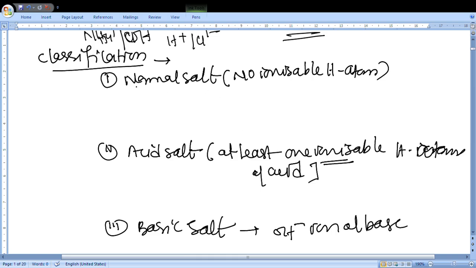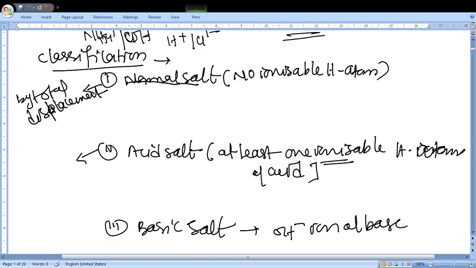So normal salts are formed by total displacement. Whose total displacement?